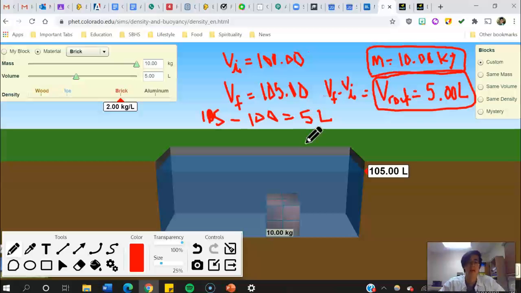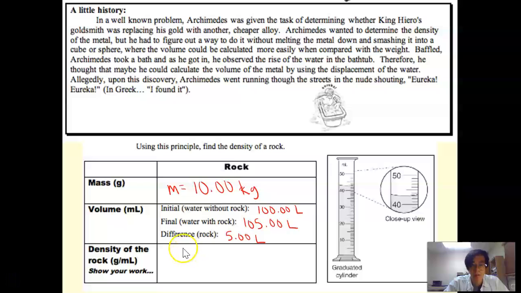Okay, so let's go back to our slides and input these values. Alright, here we are back at it again. Let's remember that the formula for density is mass over volume. So all I'm going to do is use this value up here, 10 kilograms, and 5 liters, and just divide 10.00 kilograms by 5.00 liters.